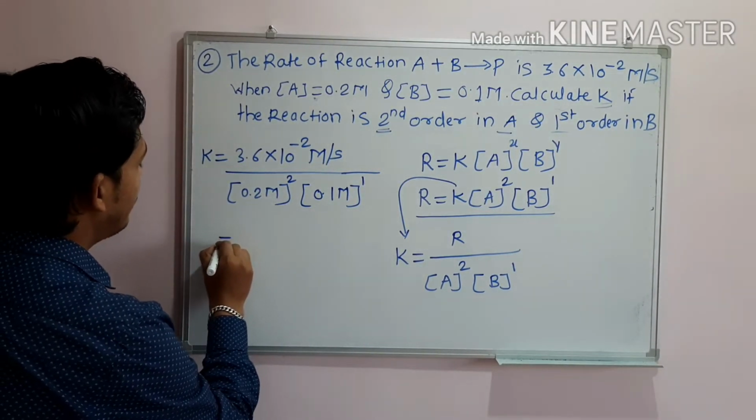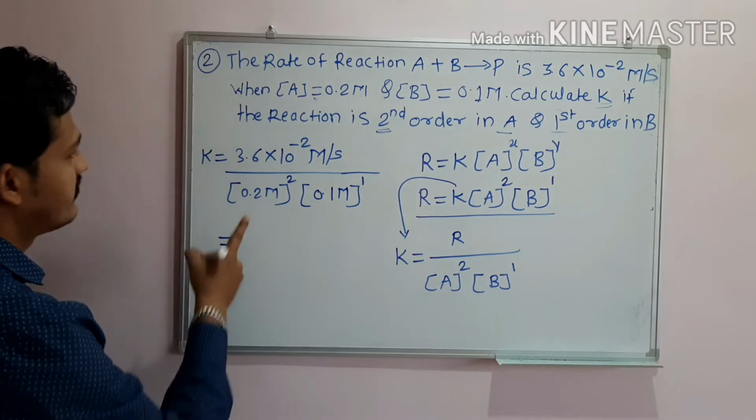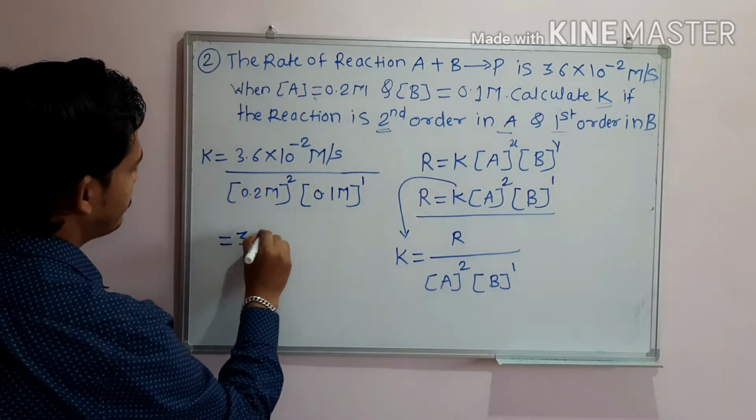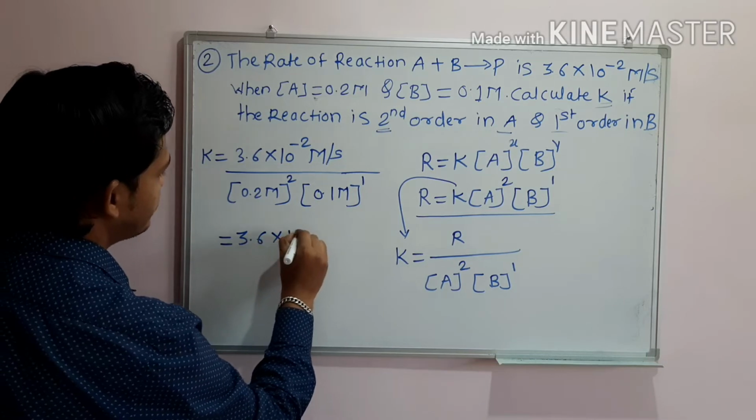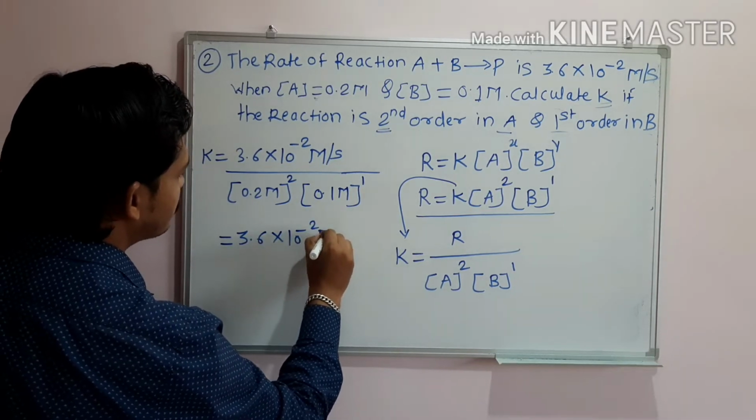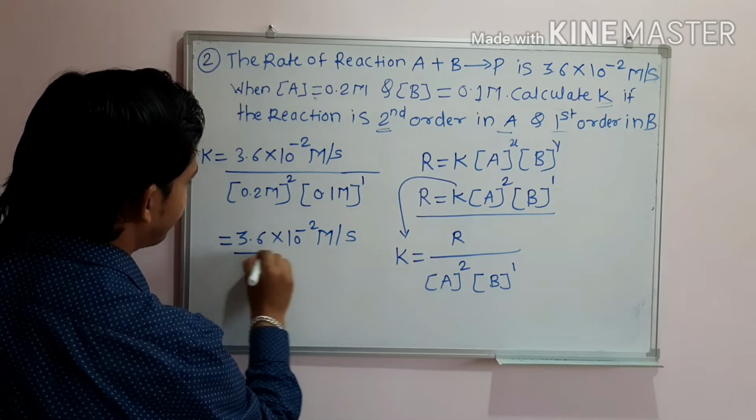So K is equal to, first of all we have to solve. I am putting as it is 3.6 into 10 to the power minus 2 molar per second.